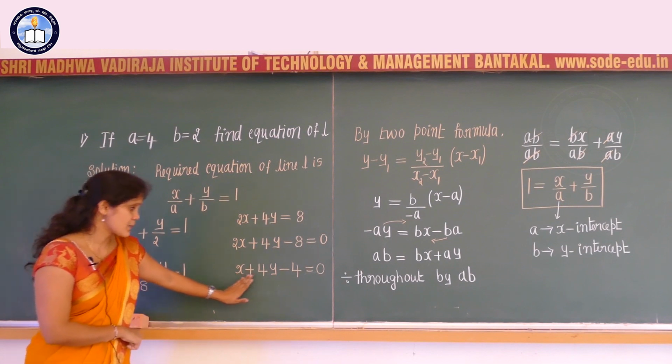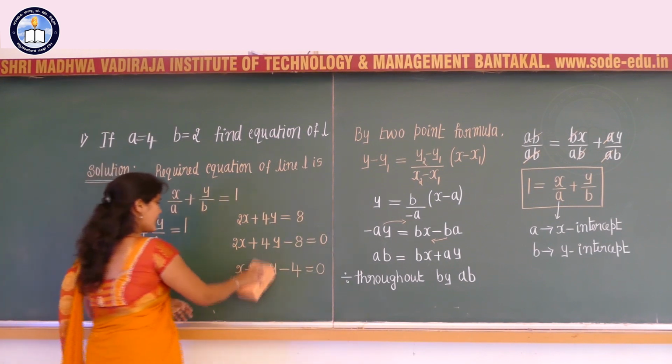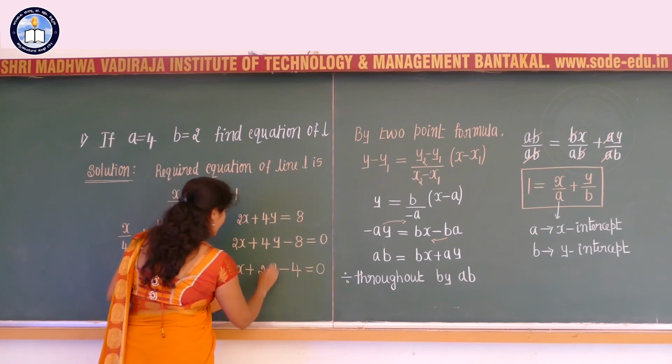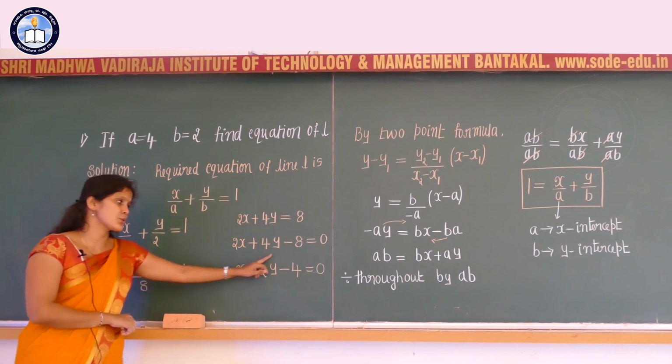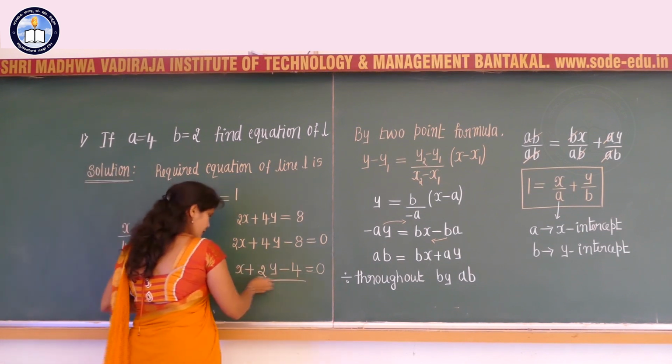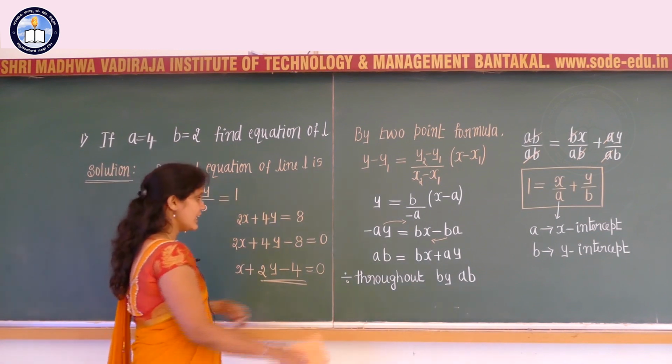That gives x plus 2y minus 4 equal to 0. So this is nothing but the required equation of the line.